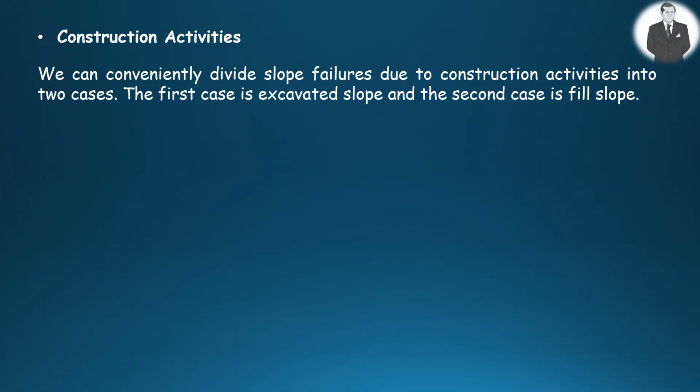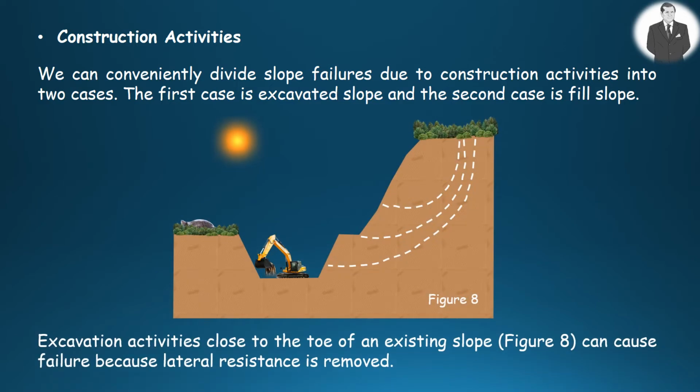We can easily divide slope failures owing to construction activities into two cases. The first one is excavated slope, and the second one is fill slope. Excavation activities next to the toe of an existing slope may result in failure because lateral resistance is removed.